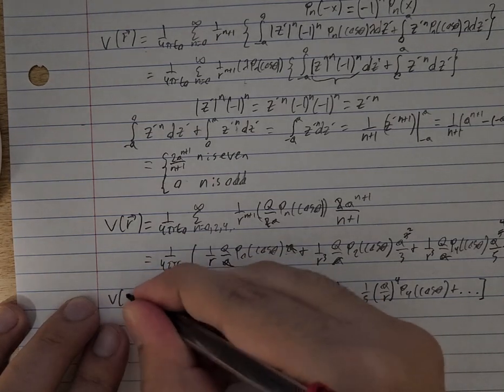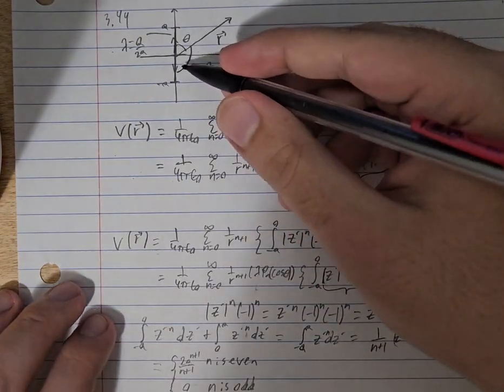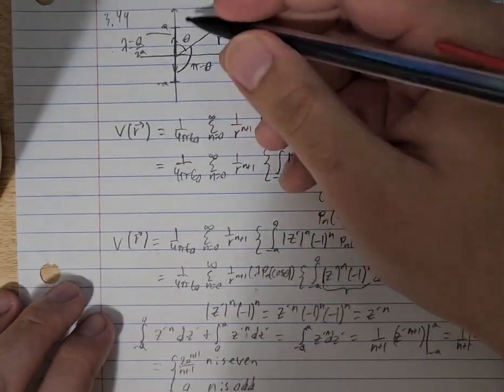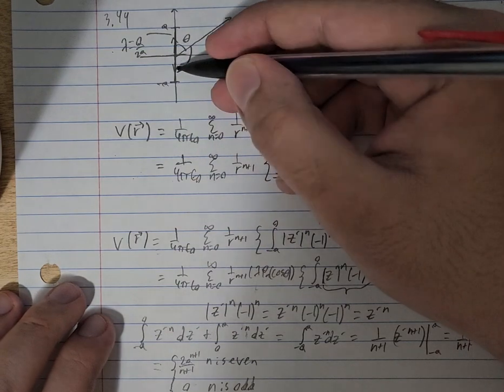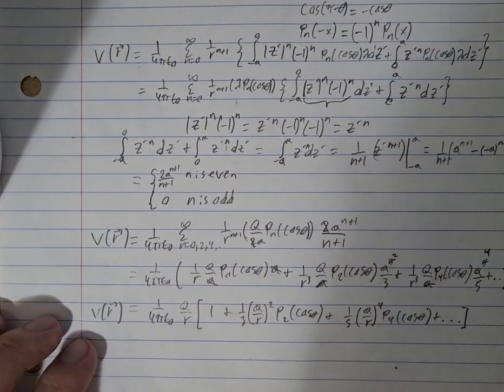And that's how you get the multipole expansion for this uniformly charged distribution along the z-axis from negative a to a. Thank you.